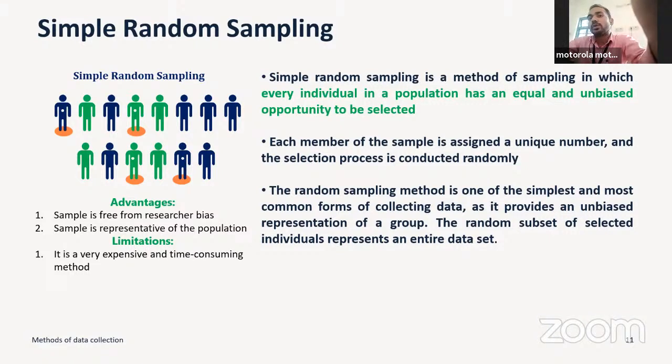When we go with simple random sampling, which is one of the probability sampling methods, you can see we select the sample, highlighted in orange color, randomly. We don't have any prior knowledge regarding that individual sample, but we include it based on random selection. It means we give an equal opportunity to each and every individual to be included in our sample.